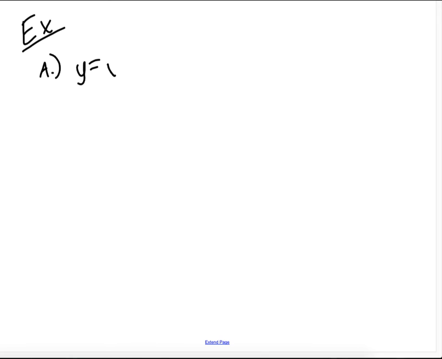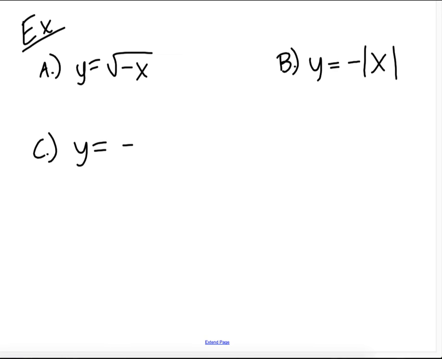A: y equals the square root of negative x. Then I'm going to write them all up here, and if you want to write them as we go, you can. I'll come back and do them all. B: y equals negative absolute value of x. C: y equals negative 1 over x. D: y equals negative x cubed.